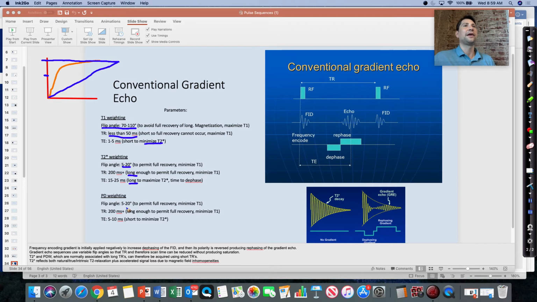We don't really care how those tissues relax. So we're minimizing T1 and minimizing T2, and our parameters reflect that. So we have a short flip angle, a long TR, and a short TE.